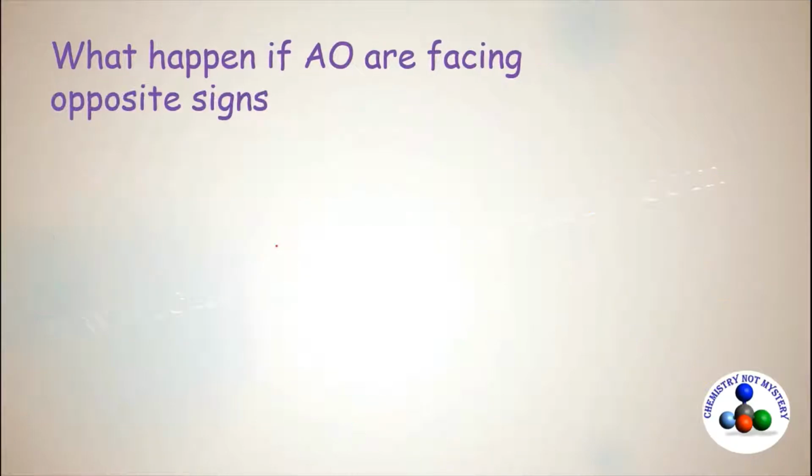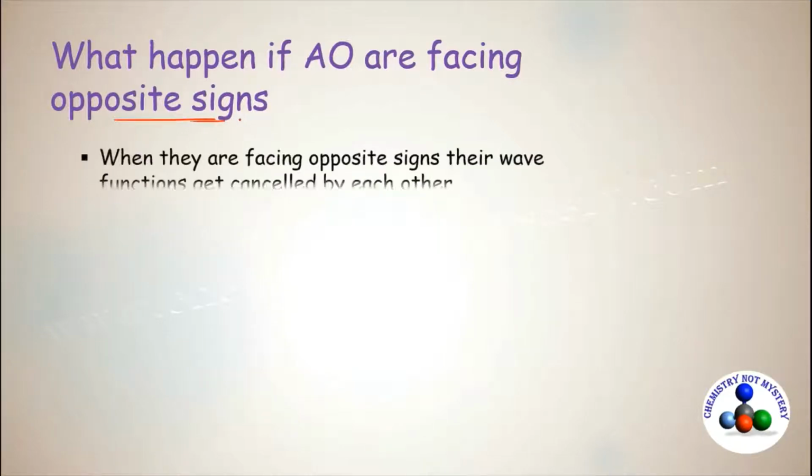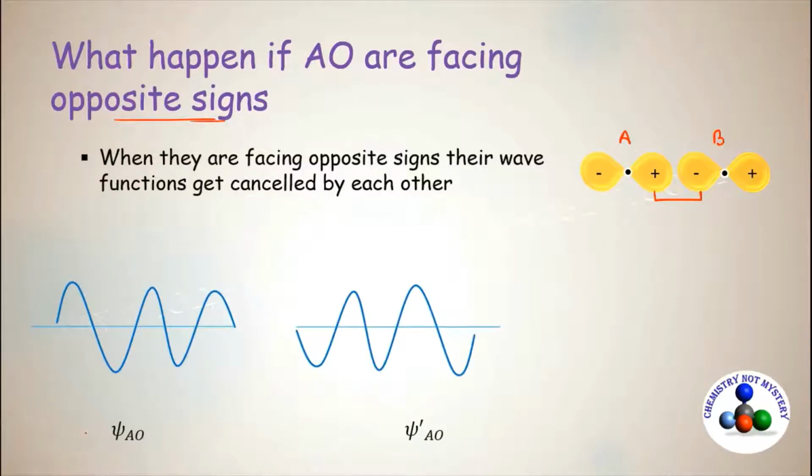Now consider the other possibility, if atomic orbitals are facing opposite signs to each other. So here this is atom A and this is atom B, and they both are facing opposite sign to each other. So first draw the wave function for both the orbitals. This is the wave function of atom A and psi dash AO is the wave function of atom B. Here if you see, both the waves are in different phase.